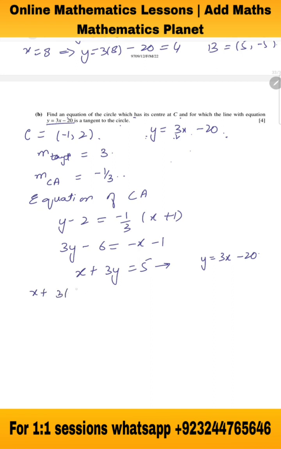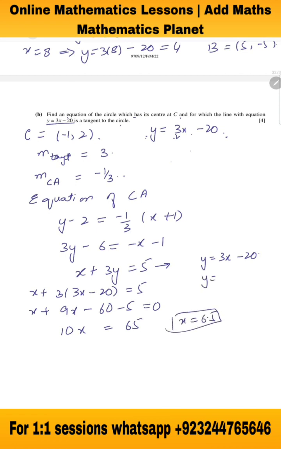So x plus 3 times 3x minus 20 is equal to 5.